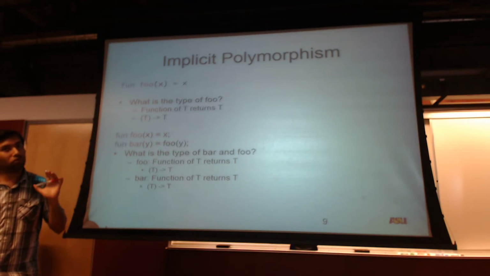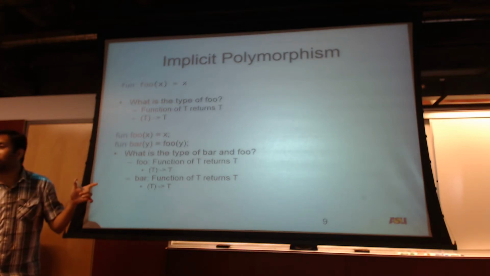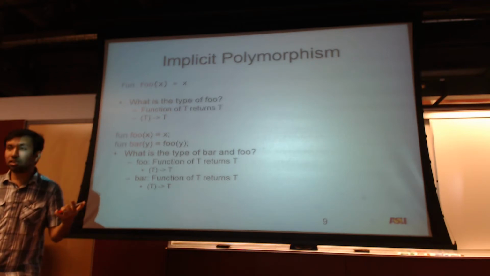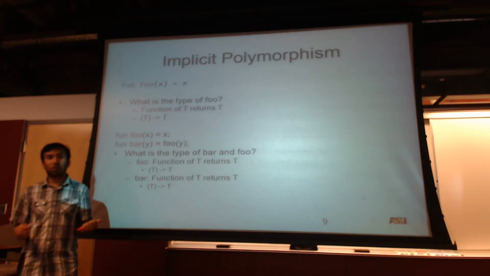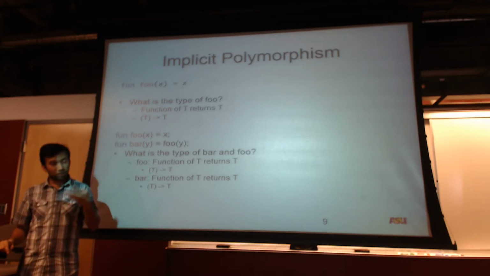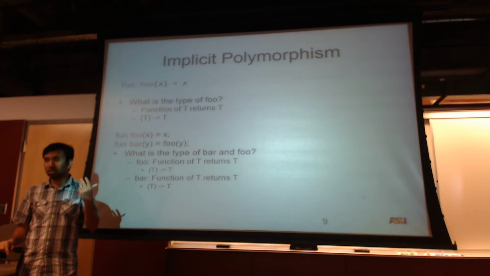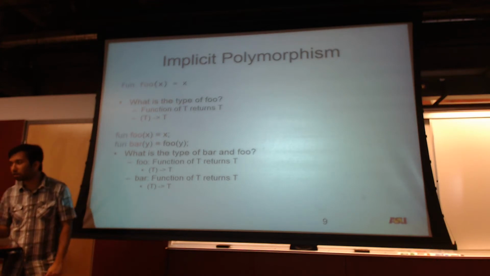We can give the most generic types to foo and bar. Right? So this is implicit polymorphism. We don't explicitly identify the types of the variables and functions, but by just analyzing the code, you can understand what the type of foo and the type of bar are.